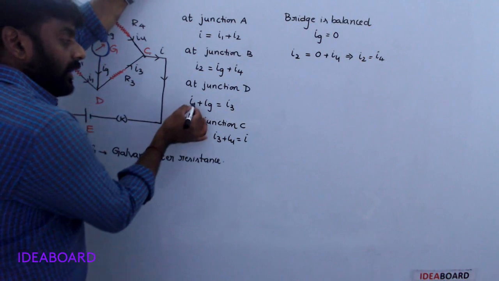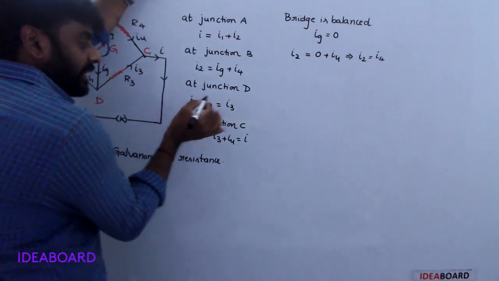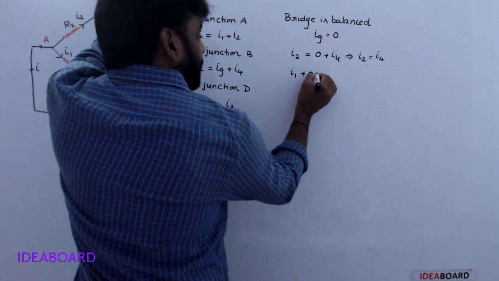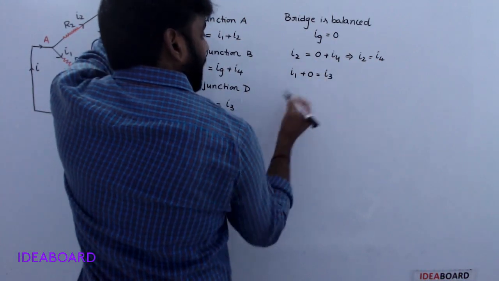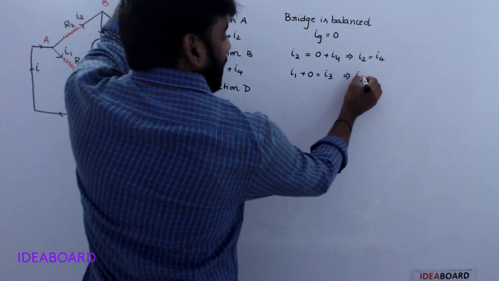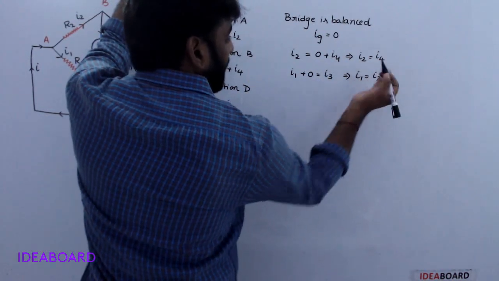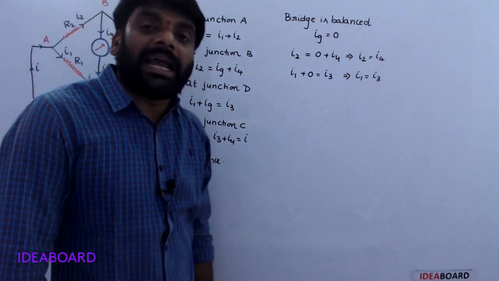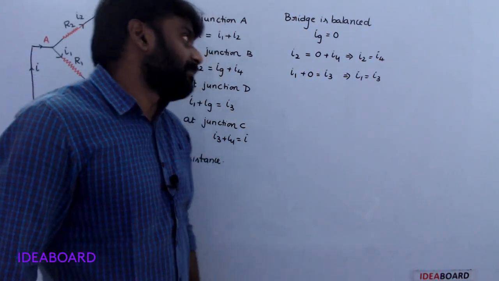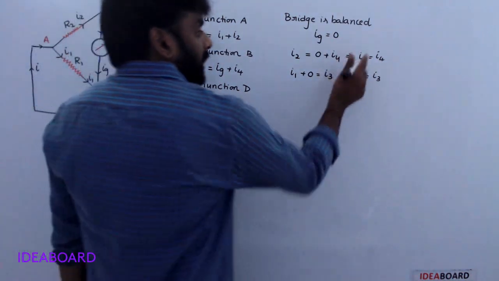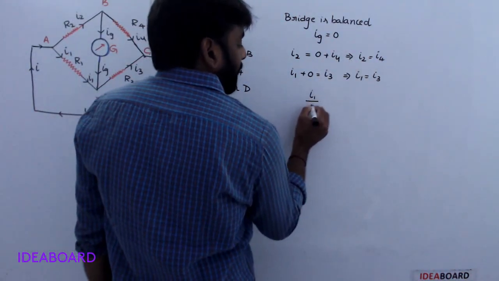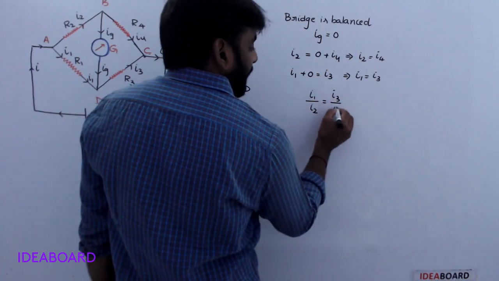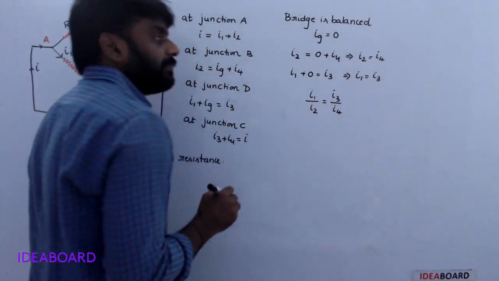Now from the other equation, I1 plus 0 is equal to I3, that means I1 is equal to I3. So I2 is equal to I4 and I1 is equal to I3. Understood? Now I1 by I2 is equal to I3 by I4.